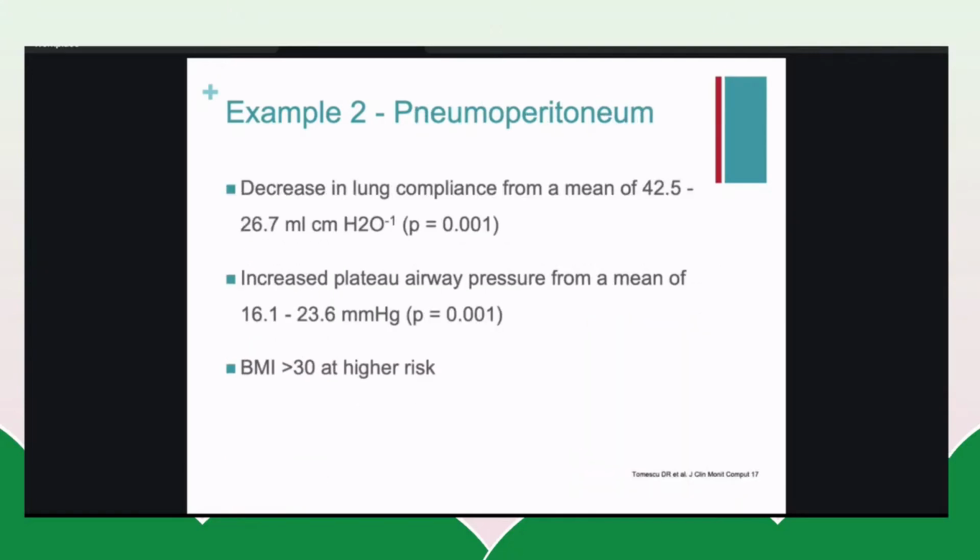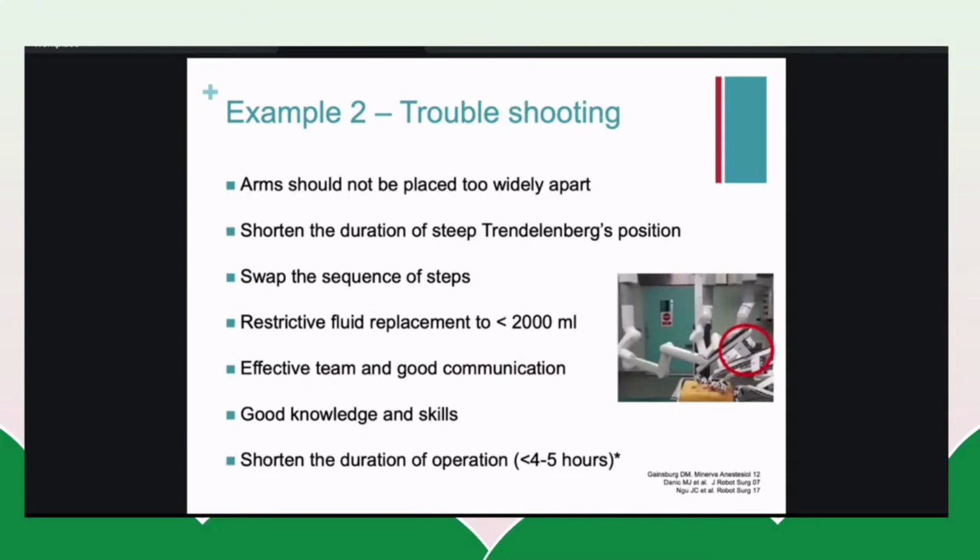And obese patients may not be able to tolerate prolonged pneumoperitoneum because, again, the pneumoperitoneum can decrease the lung compliance and increase the plateau airway pressure. So those patients with BMI more than 30 will be at a higher risk compared with slimmer patients. So what can we do?